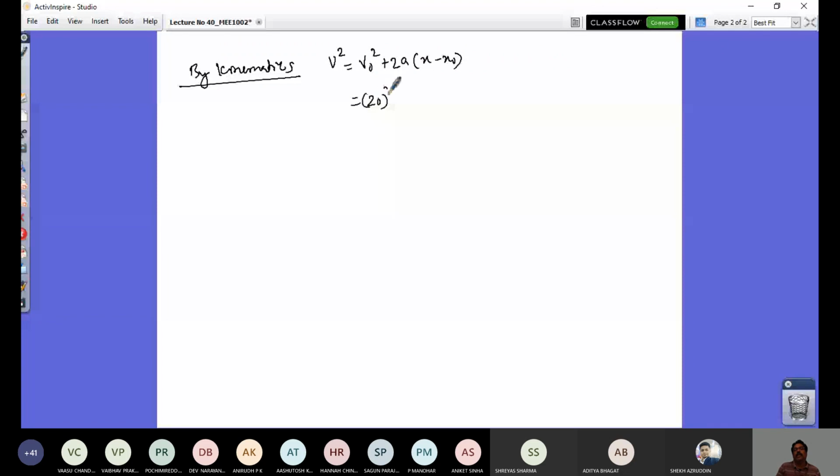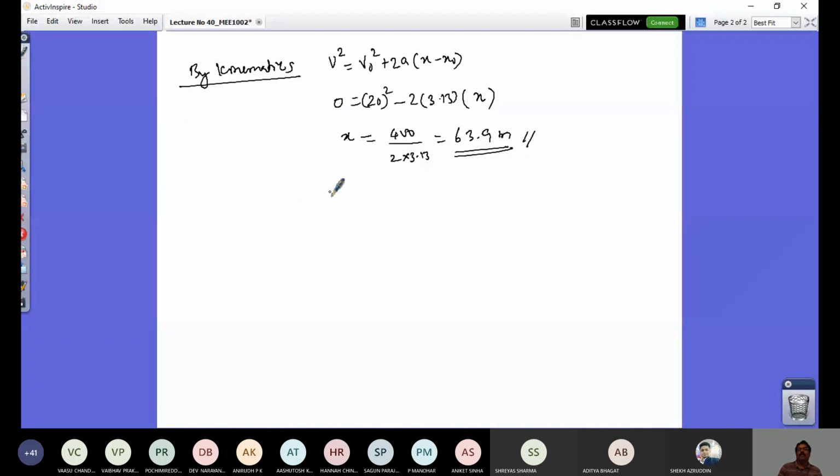So 0 equals 20 square minus 2 into 3.13, and x minus x naught is the stopping distance x. If I consider x naught as 0, and the final velocity is 0, I will be able to get x as 400 divided by 2 into 3.13, and I will have the value equals 63.9 meters. So that's the stopping distance.